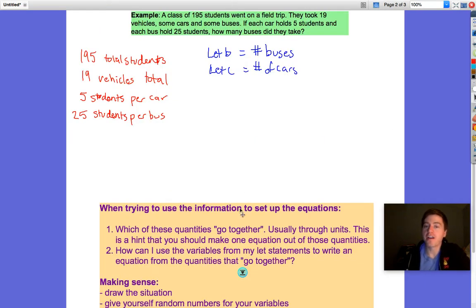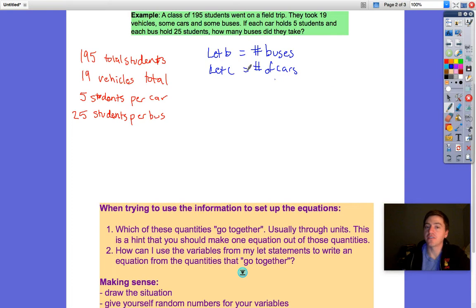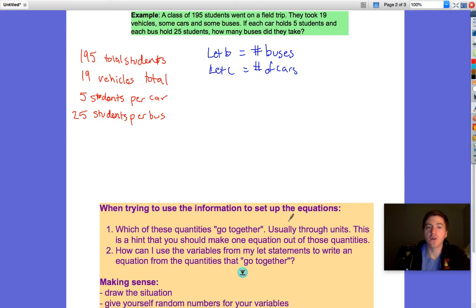From there, we're trying to use this information to set up some equations. In this case, there are 2 variables, so there will be a system of equations. Which of these quantities go together? Usually it's units that we're looking at.